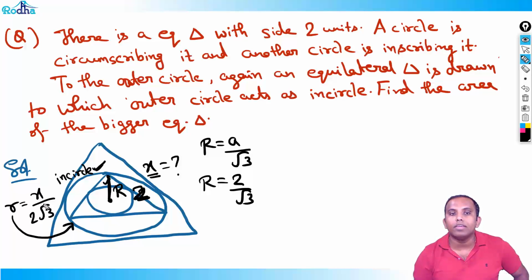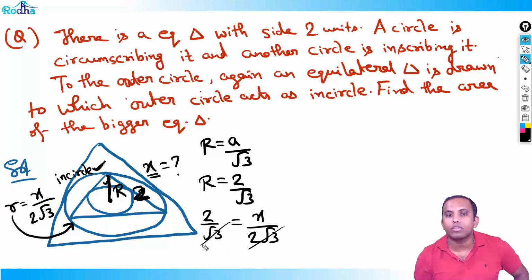And this is the circumradius for the inner triangle, the same radius, given by 2 by root 3. So I can equate it. Therefore, 2 by root 3 is equal to x by 2 root 3. The root 3 cancels, so x becomes 4. That's the answer.